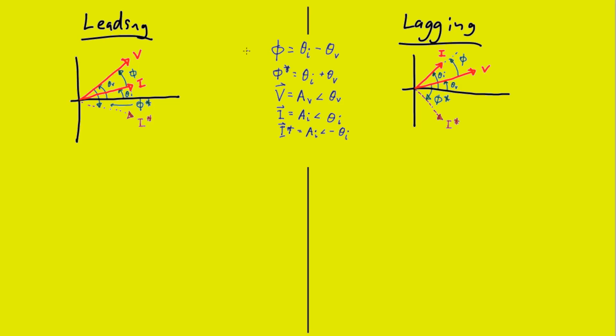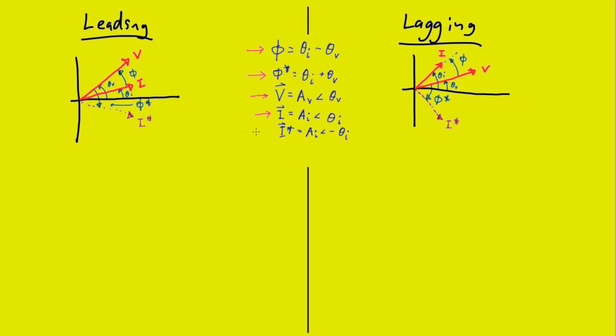Phi here represents the relative angle difference between the voltage and the current vectors. The phi asterisk represents the angle difference between the original voltage vector and the conjugate of the current vector. The voltage and current variables are represented here, and A for these represents the magnitude of both of the vectors, while theta represents the absolute angle of the vectors.